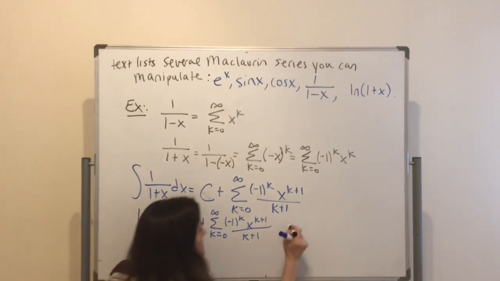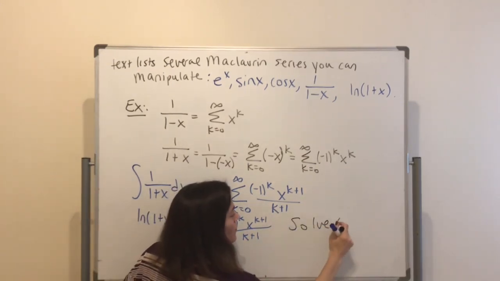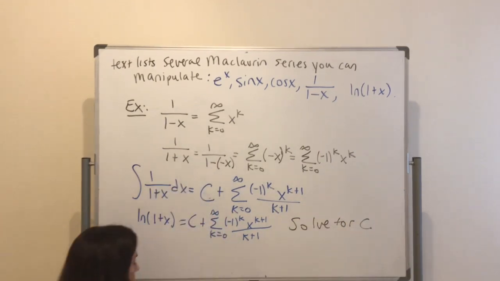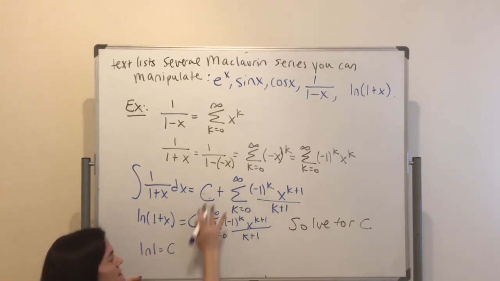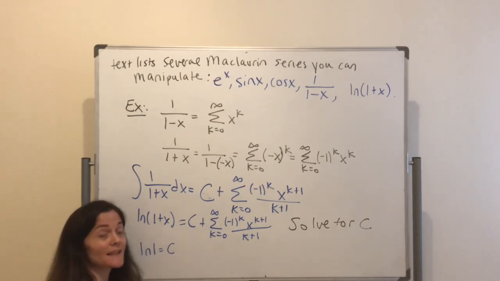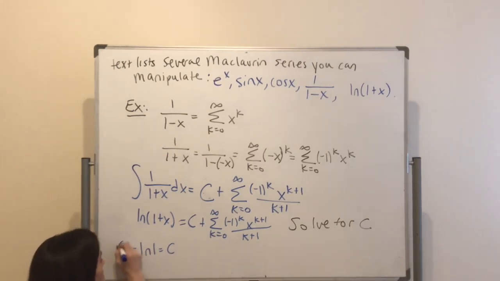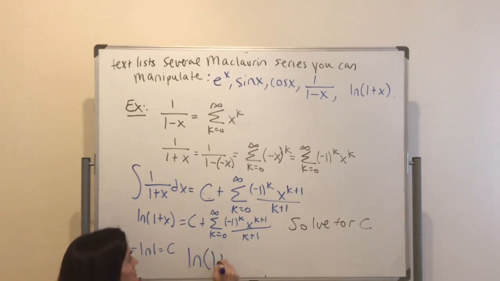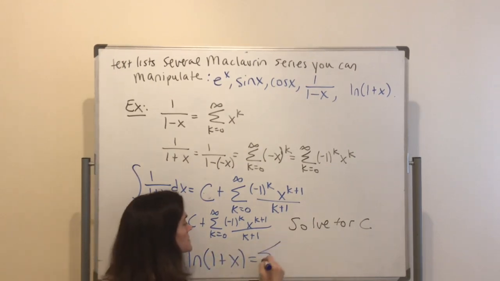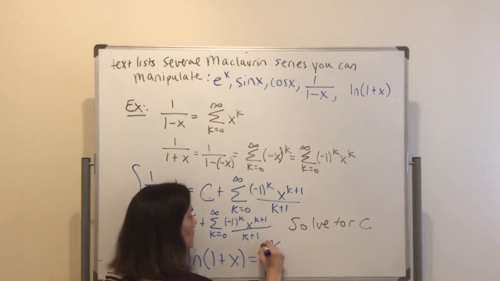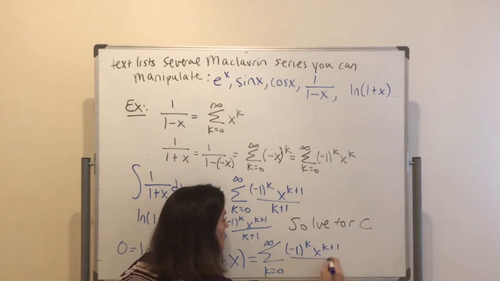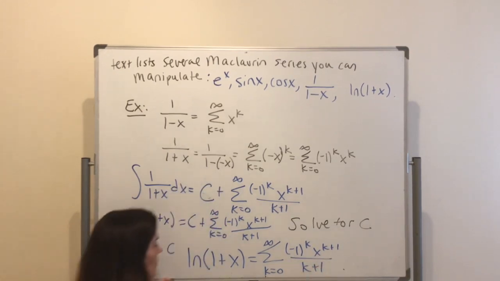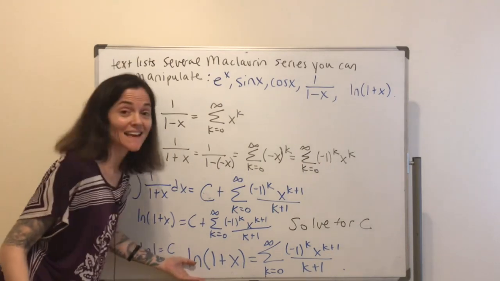Then I will write this as I did before, solve for c. And we get ln of 1 is c, plus 0. Evaluating at the center, this is 0. Well, the natural log of 1 is 0. So in fact, c is 0, and we get this Maclaurin series for ln of 1 plus x. So this is what you will see in your textbook.